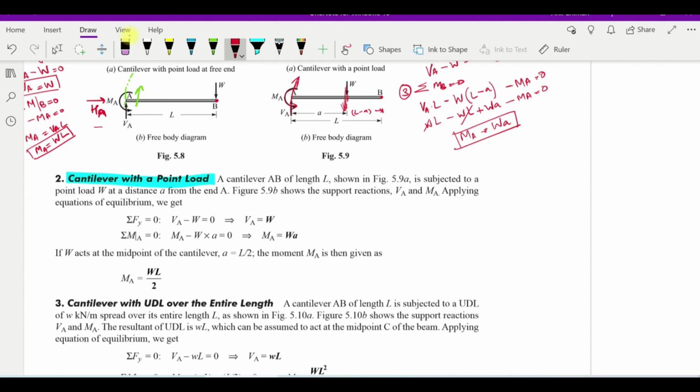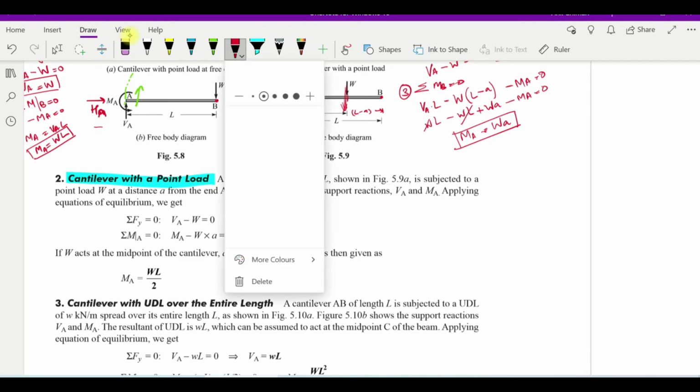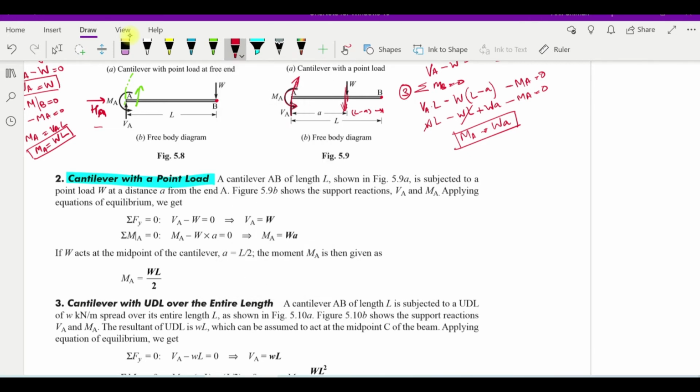I should tell you how we can take the moment about point A once again. For this problem, let us take moment about point A is equal to 0. If I take moment about point A, I'm holding this point down. Then I'll get clockwise moment due to W, which is WA, and no moment due to VA because VA is passing through point A. So the force into distance is 0.